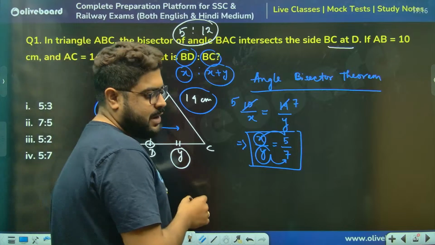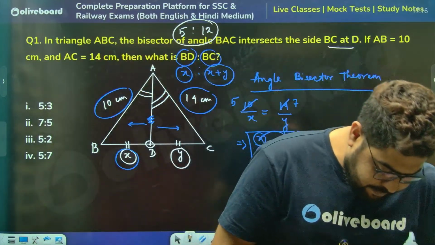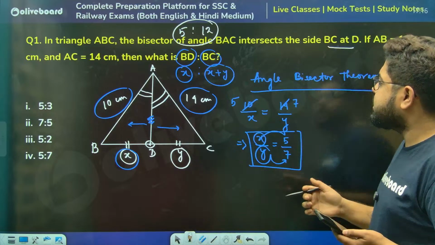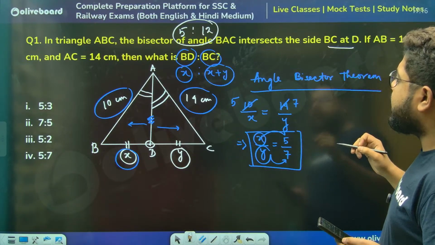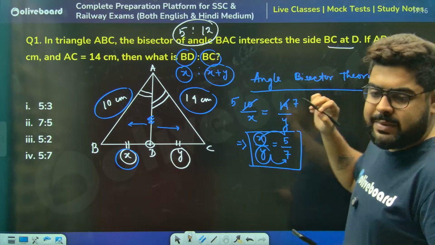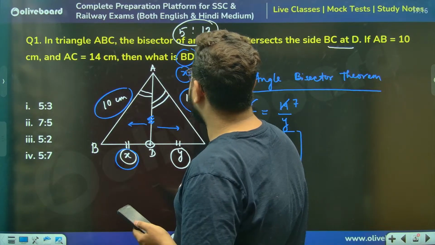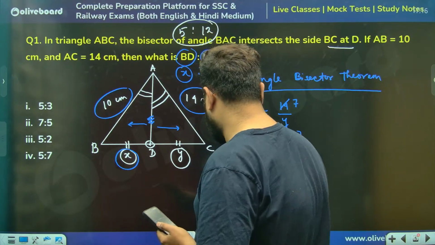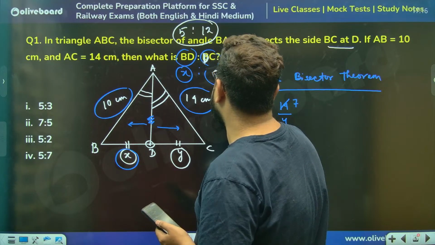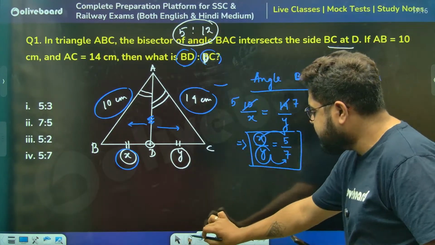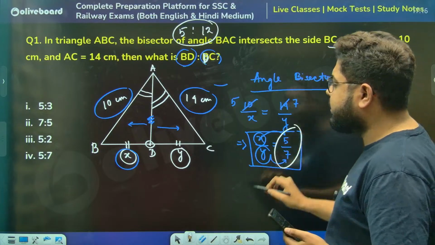Just understand this. In the options, they are asking BC, so there is a printing mistake. The question should be DC. In that case we don't need to do all this; this step itself will be your answer, 5 ratio 7.